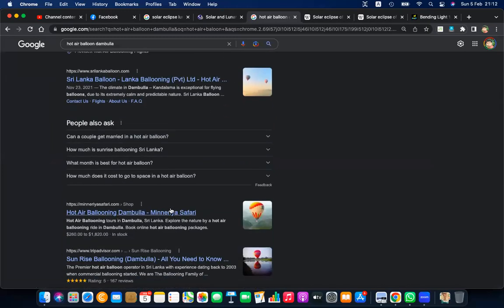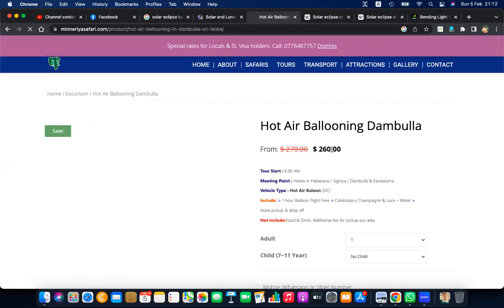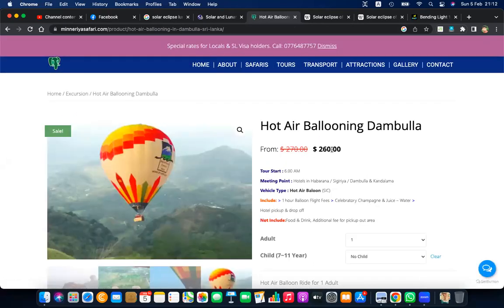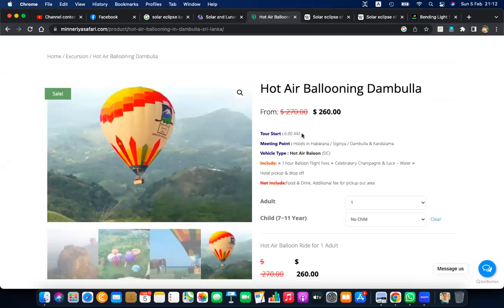Hot air balloons in Dambulla, it's there. So it's much expensive, it seems, but it is $260. 6 a.m. one hour balloon flight fees, celebratory champagne, juice and water.